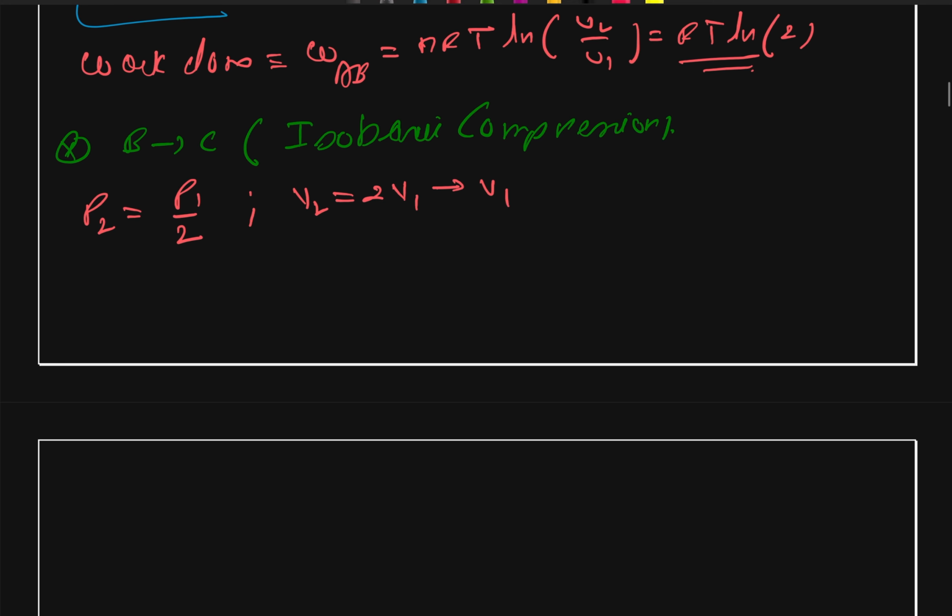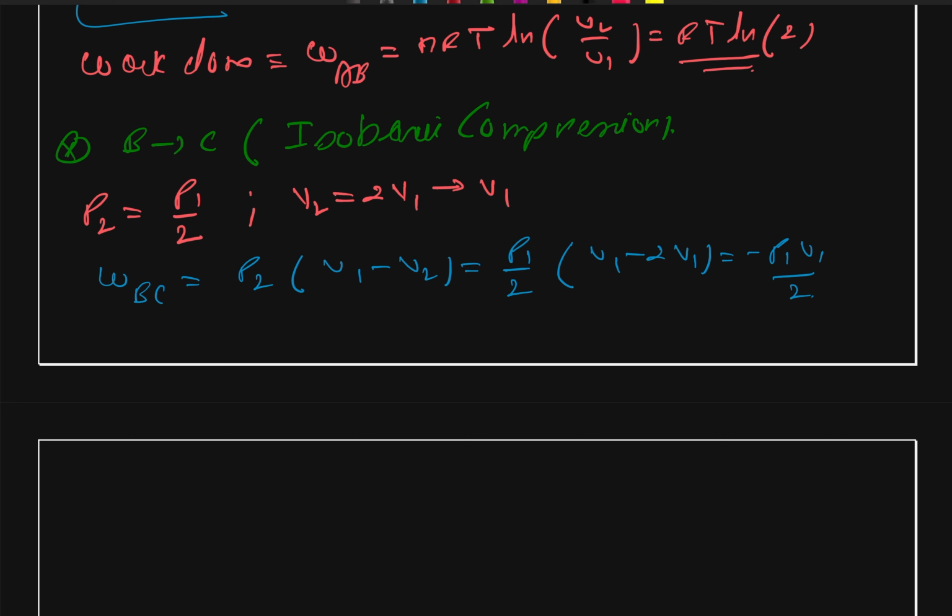So we can use the basic formula for work done for BC. Work done for BC is equal to P2 times V1 minus V2. So this comes as P1 by 2 times V1 minus twice of V1, which gives us minus P1 V1 divided by 2.